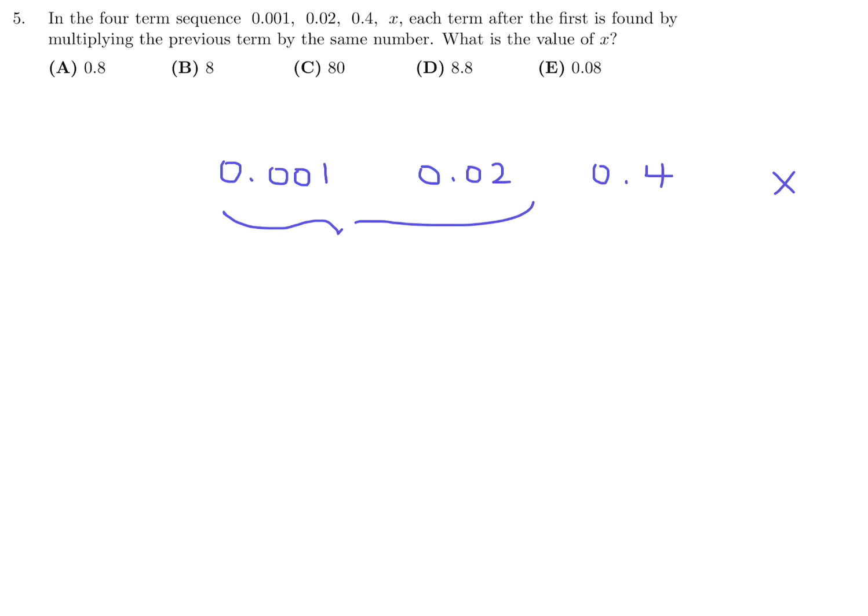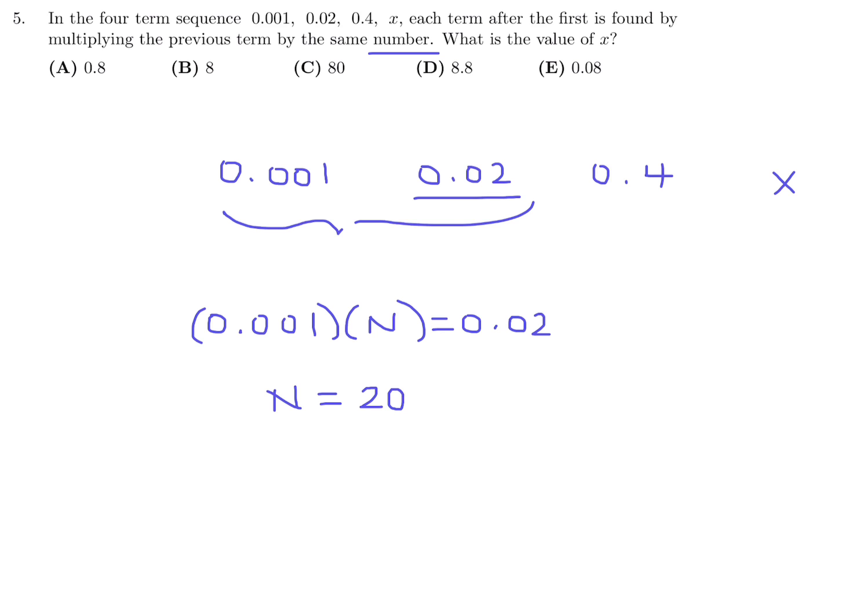We'll just concentrate on the first two. 0.001 times some number, we'll just call it n, is equal to 0.02. Entirely based on the information they gave me in the question, that you have to multiply each term by some number to get the next term. All right, if you do the math here, n will be equal to 20. So if you took this guy and multiplied it by 20, that's how you get that.